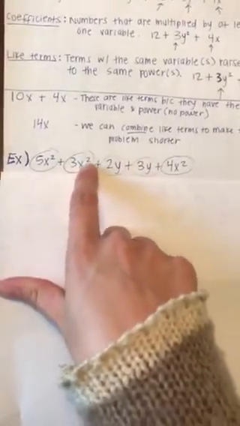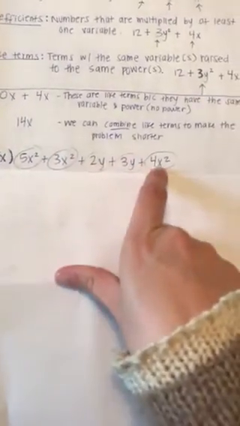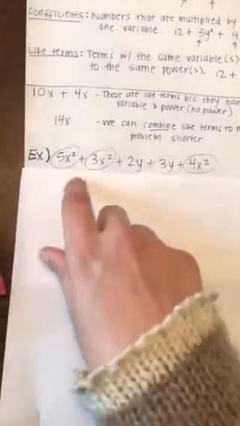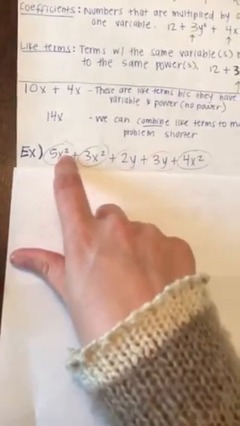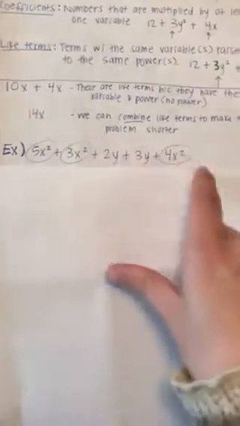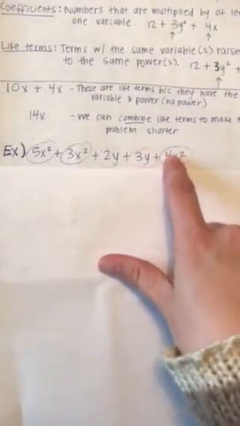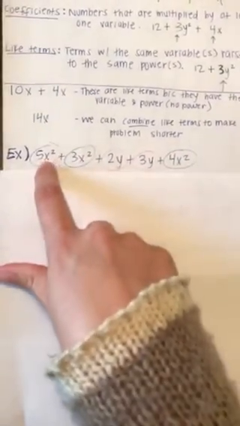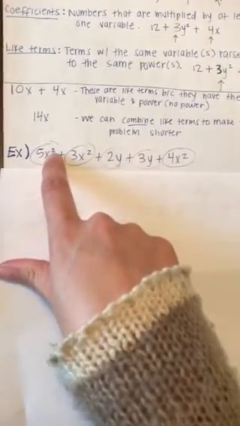I have 5x squared plus 3x squared plus 2y plus 3y plus 4x squared. What I did is I circled all of the ones that end with x squared. I circled all of those in green because those are all like terms. They all have the same variable with the same exponent.